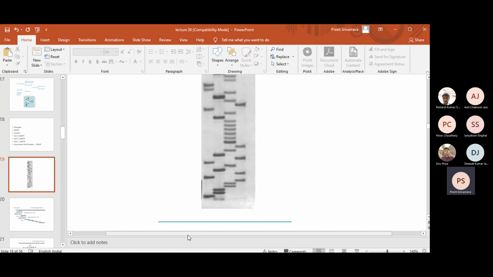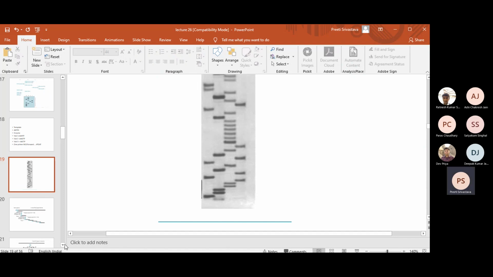The only advancement in this technique is that instead of these long 20 by 70 centimeter gels and handling these long glass plates, a tiny capillary has been developed, and they call it capillary electrophoresis.